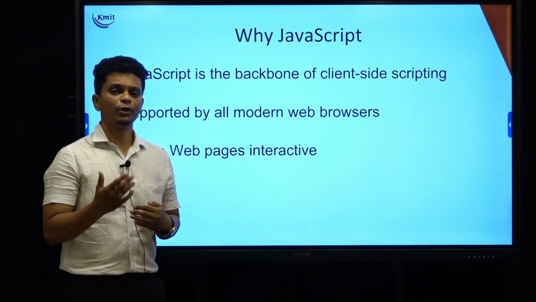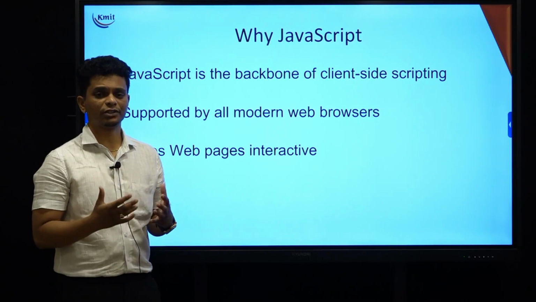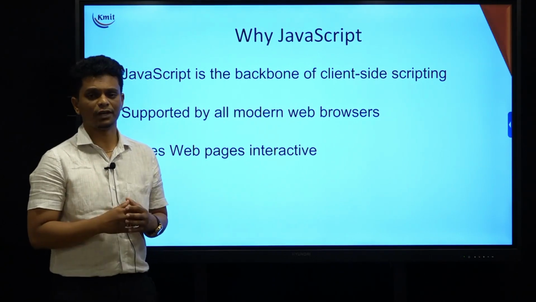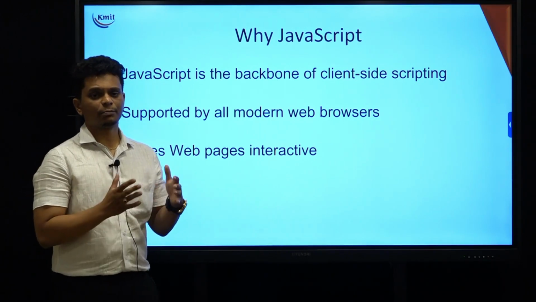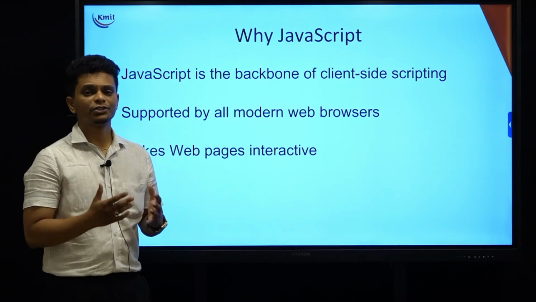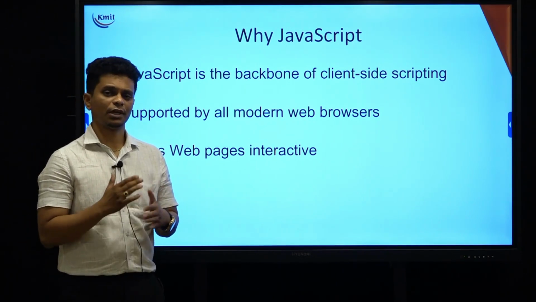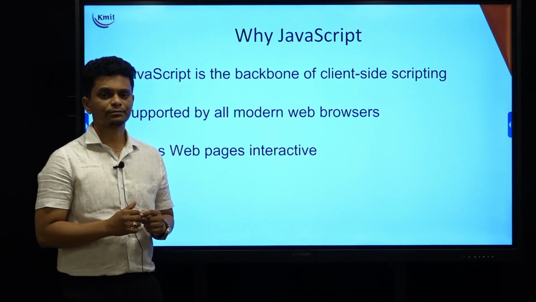And later, in the next class, we will look into how to create functions and what different functions we have in JavaScript. That is the basics of JavaScript, and later we will move on to learning strings, regular expressions, and so on, like I discussed in the first slide.